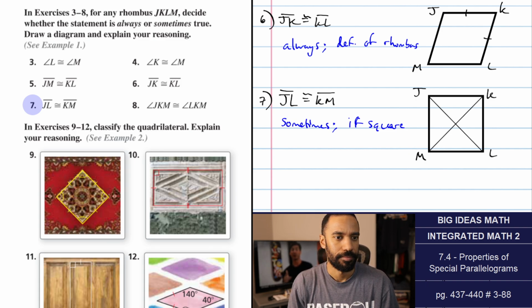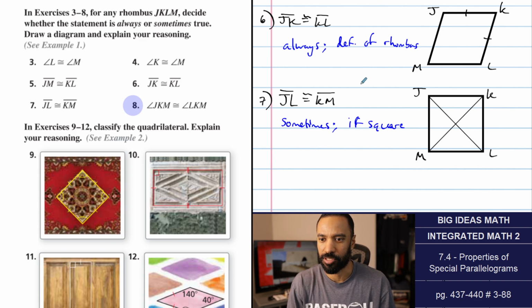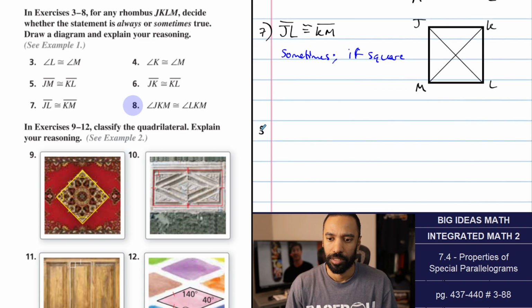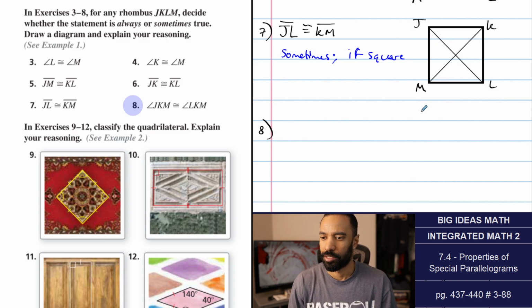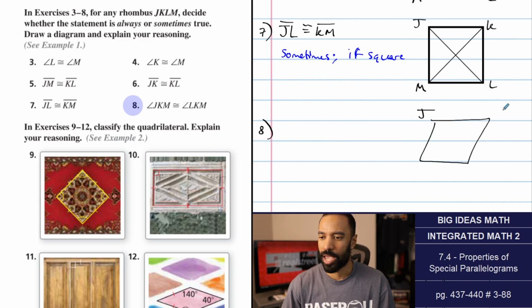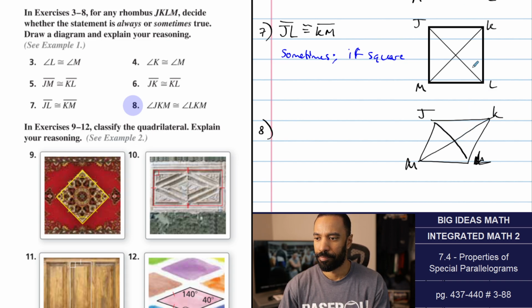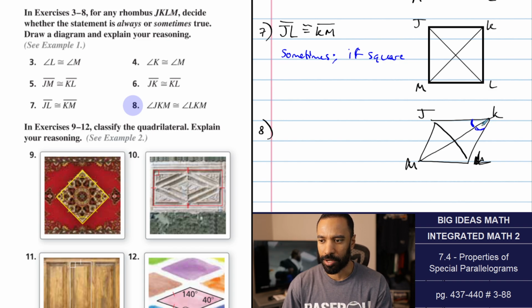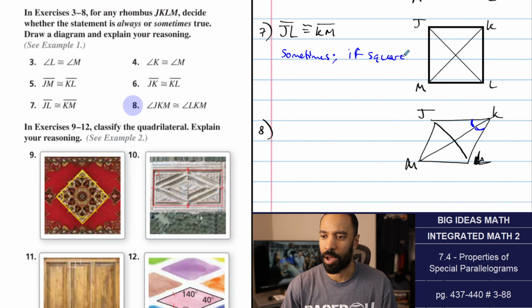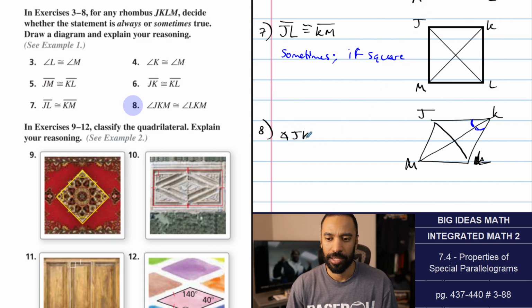And then number 8, angle JKM congruent to angle LKM. I have to take a look at where those are. So let's get a quick drawing. JKM. Oh, wait, JKLM. So it's diagonal based. Here's JKM right here. And here's LKM right here. That is true for your rhombuses. So angle JKM congruent to angle LKM.